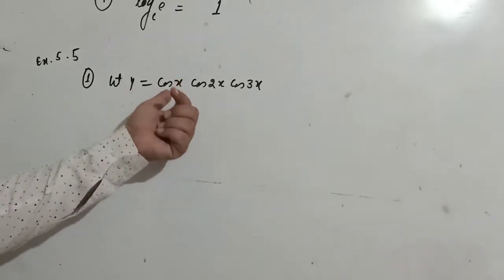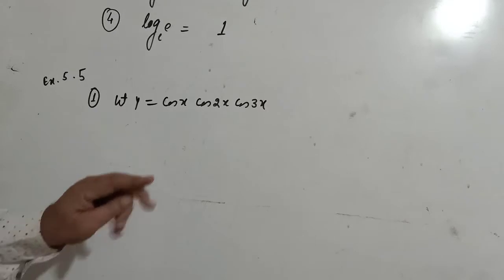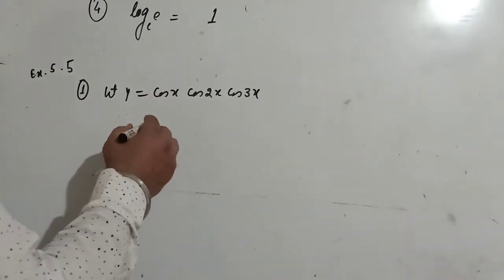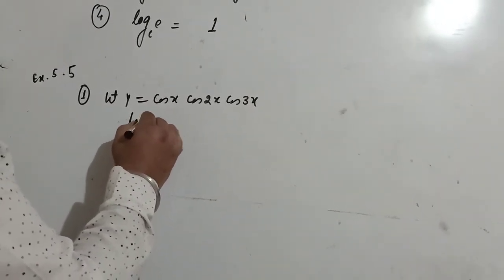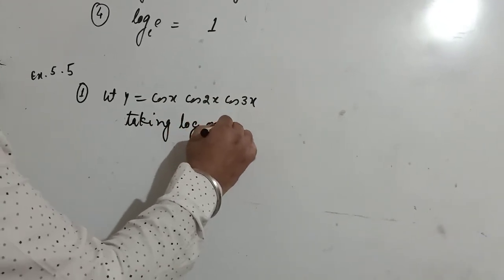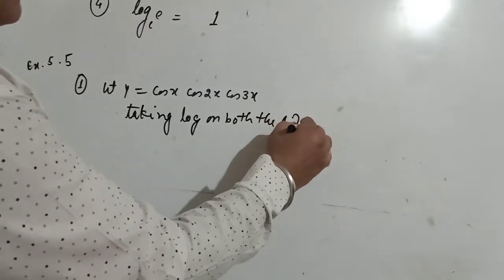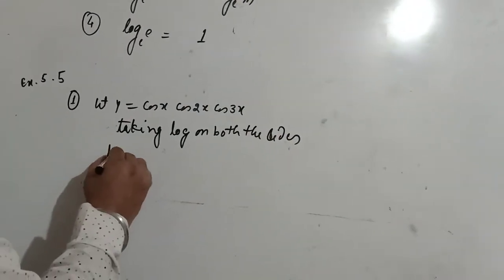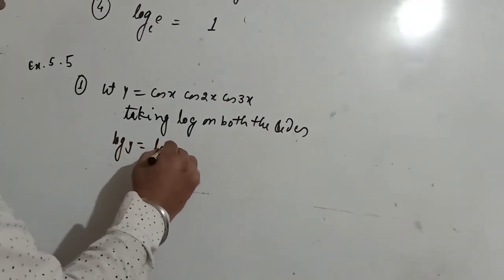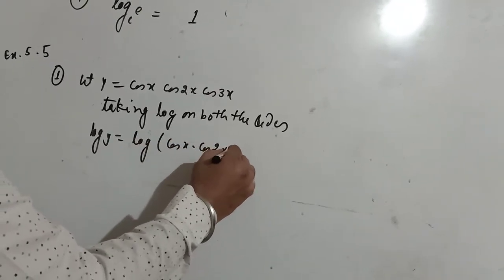There are three functions, u, v, w. We have to use the product rule for three functions. But if we use log, this will be very easy. Taking log on both the sides. What will happen? Log y equals log of cos x, cos 2x, cos 3x.